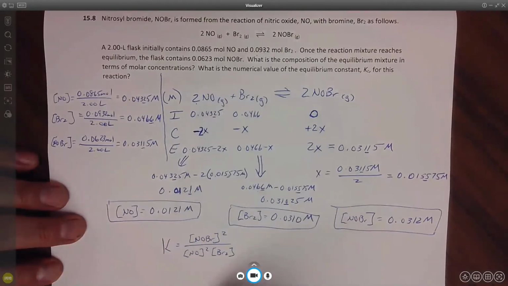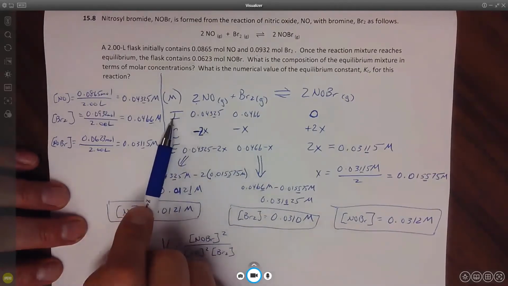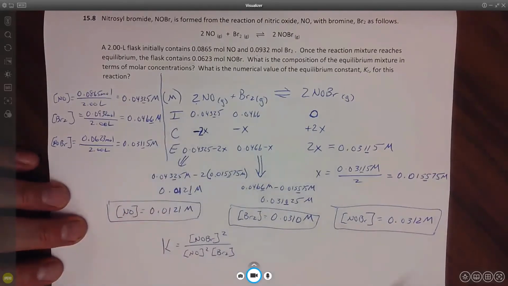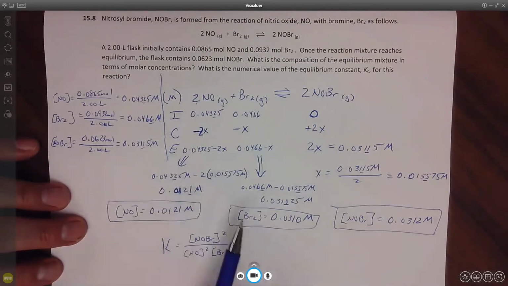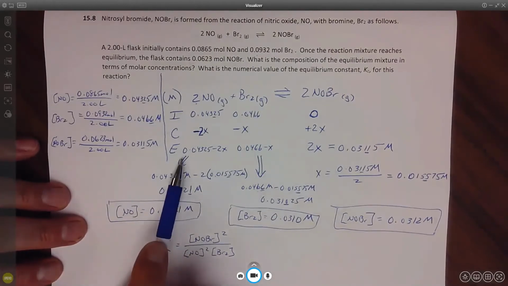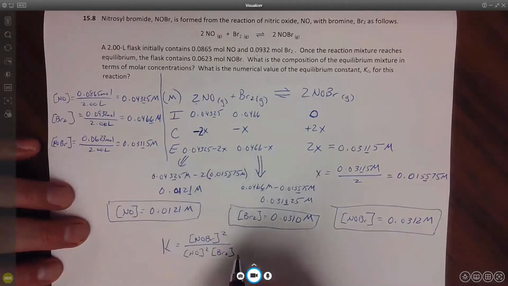Well, now I would think that you would plug in the molar concentrations. At equilibrium. Yes. That's the important thing: this K uses the concentrations at equilibrium.